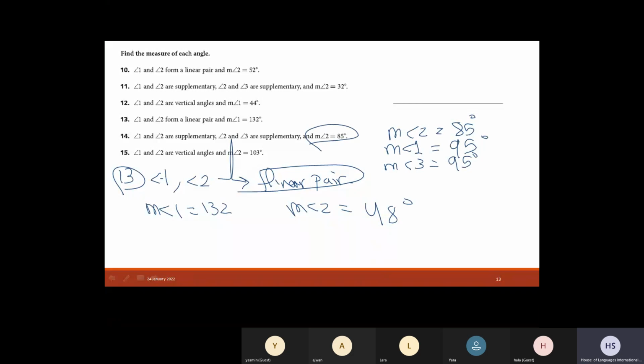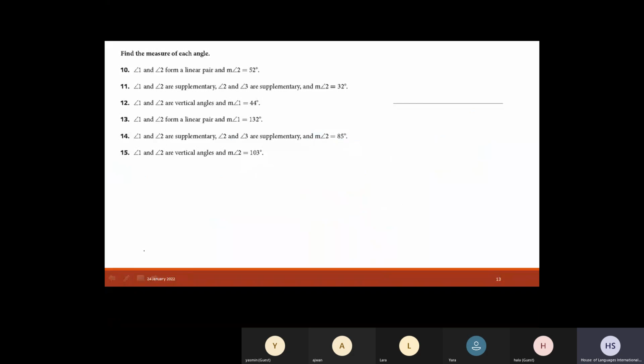The last one, number 15. I'm just solving 14 and 15. Number 14 is the same as before: if angle 2 is 85, angle 3 will be 95.